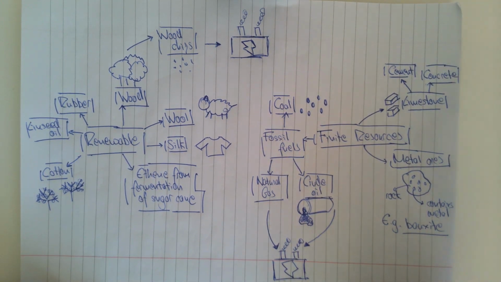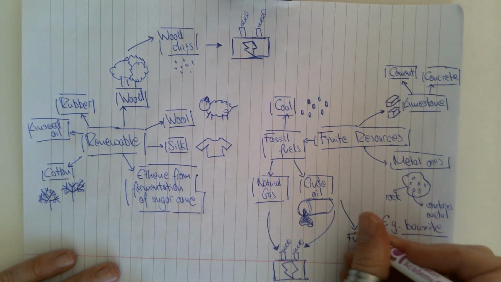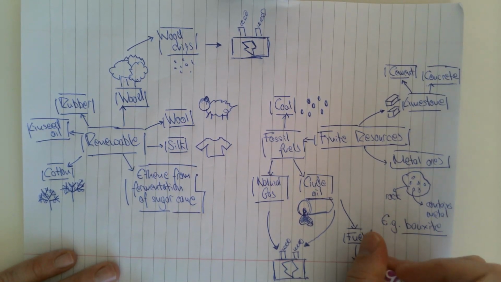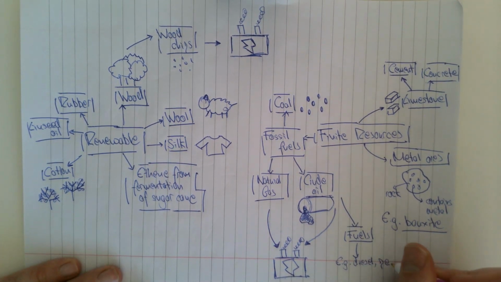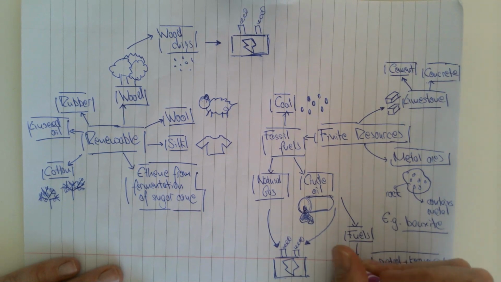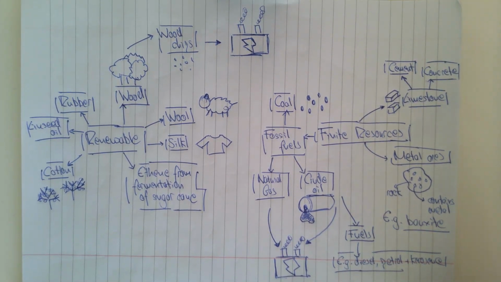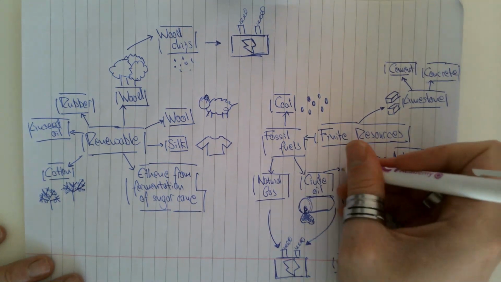And fuels, for example, diesel, petrol, and kerosene. Some examples of fuels created from crude oil. Diesel, petrol, and kerosene. As well, things like petrochemicals. Another example of chemicals that are obviously produced from crude oil.